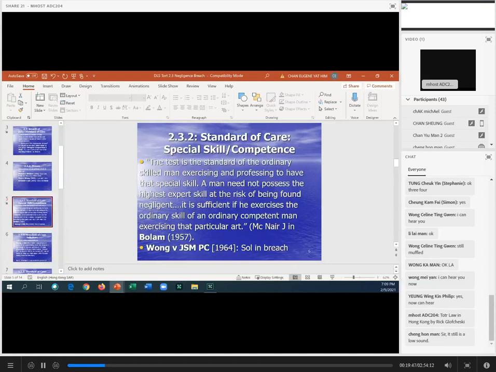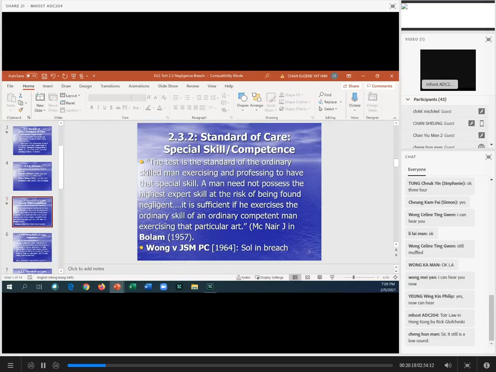That's a good one. Standard of scare. Okay, if the defendant is a person in a particular skilled job or profession, then the test will be the standard of the ordinary skilled man exercising and professing to have that special skill, which begs the question, who is the ordinary skilled man? So it will really be up to the court to decide.